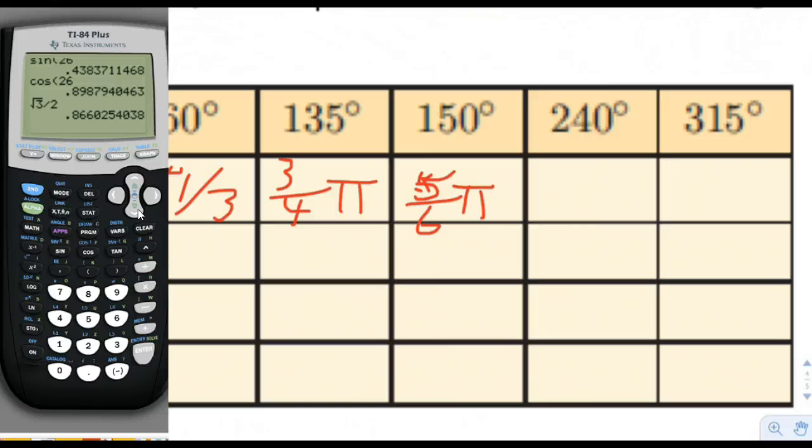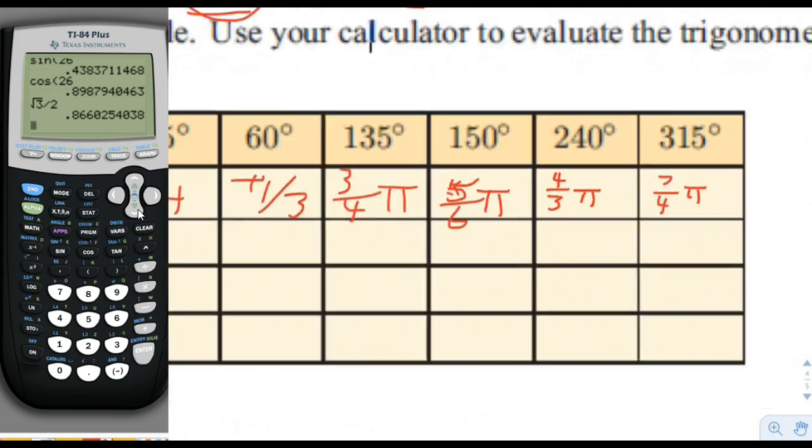So that would be pi over 3 plus pi, so that would be 4/3 pi. 315 degrees is, let's see, it's about 45 degrees short of 360. So that would be 2 pi minus pi over 4, which would be 7/4 pi, something like that.